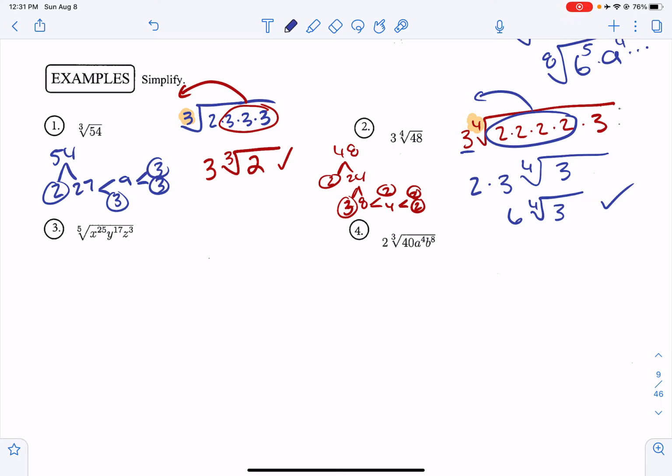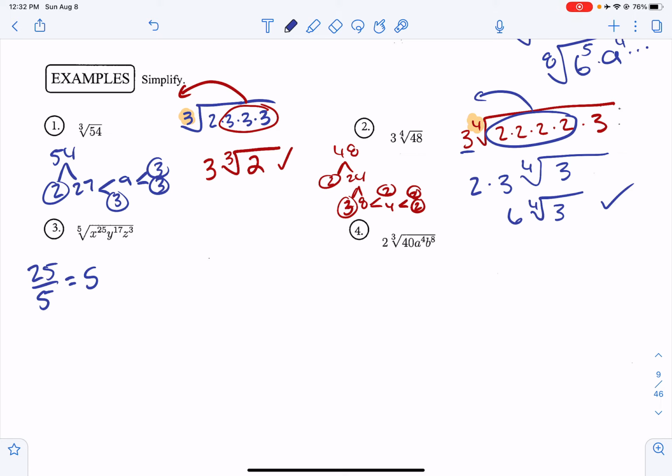Basically, what's going to happen is I'm going to take those 25 x's and put them into groups of 5, right? Well, that sounds a lot like dividing by 5. So if I take the number 25 and divide it by 5, I get a nice clean number 5. Well, that's how many groups of x's I'm going to pull out.